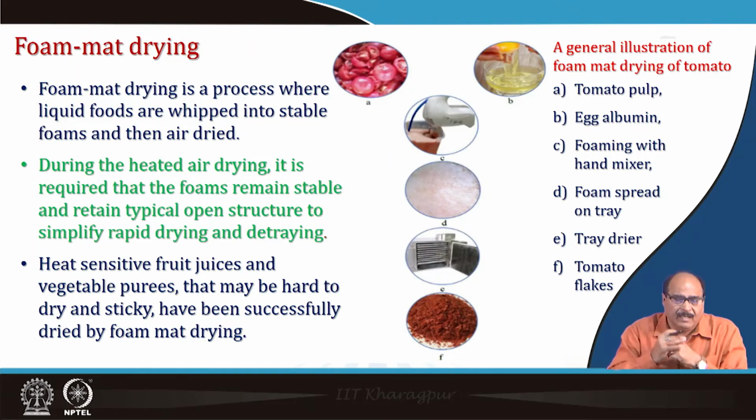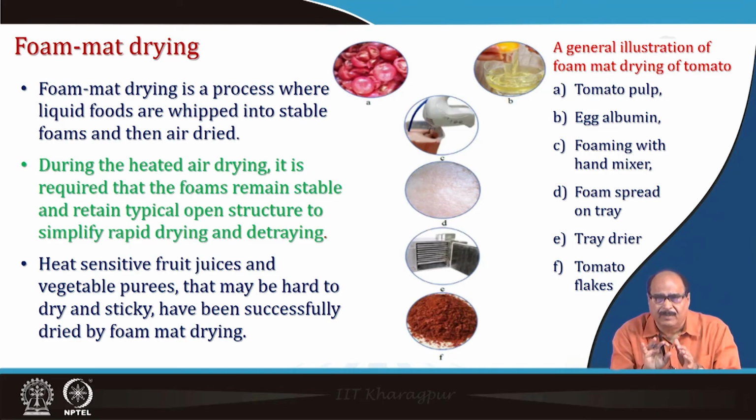Then another drying method is foam mat drying, which can be used for preparing fruit and vegetable juices, etc., and their conversion into powder. So, this can be used to prepare vegetable juice powder, fruit juice powder, etc. In foam mat drying, with the help of a suitable foaming material, it might be air, but air is avoided because it may result in oxidation-related changes.